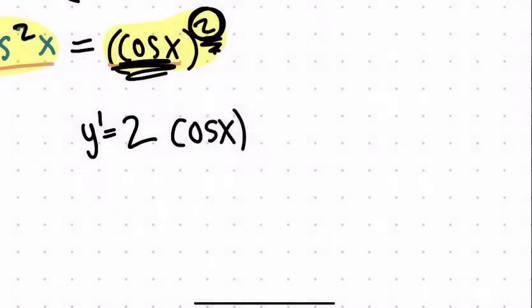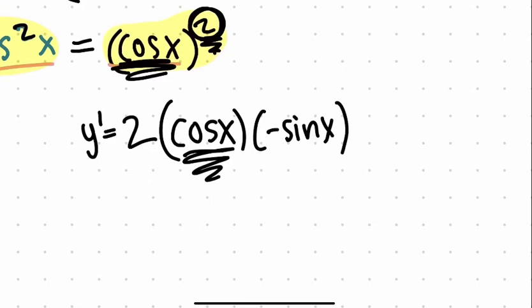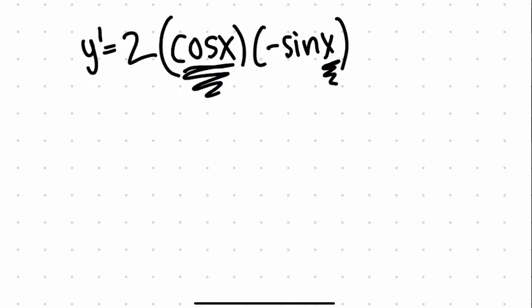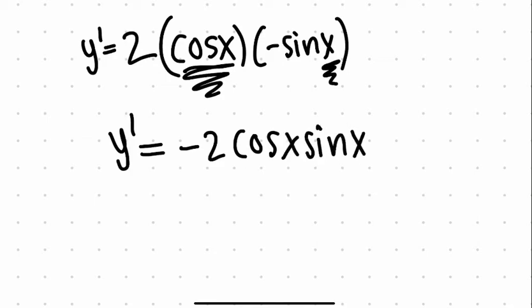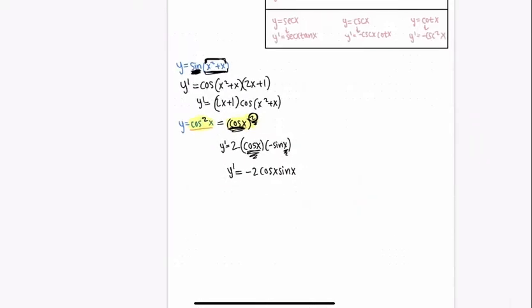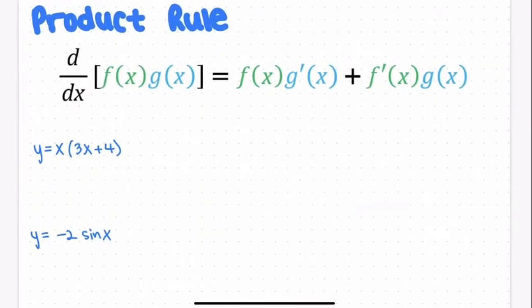It's the same thing, right? And then you're going to multiply by the derivative of this, which is negative sine of x. And then, furthermore, you have to take the derivative of x, which is just 1, or you don't need to write anything. Anyways, if you simplify this, the answer is going to be negative 2 cosine x sine of x, okay? All right, moving on.